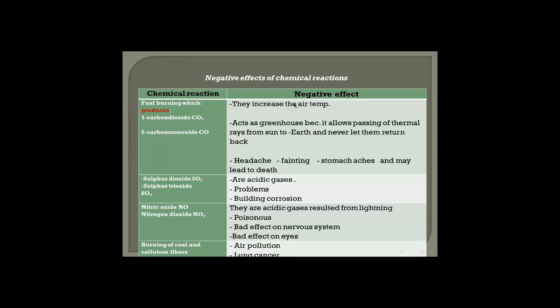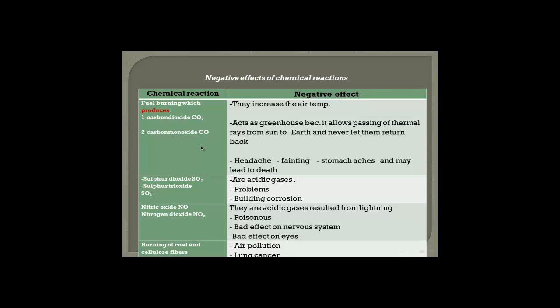They increase air temperature and act as a greenhouse, because they allow thermal rays to pass from the sun to the earth and never let them return back. So, increasing the ratio of carbon dioxide and carbon monoxide in air leads to an increase in the temperature of air. It means the effect of greenhouse gases.